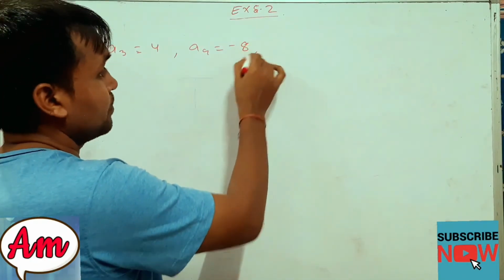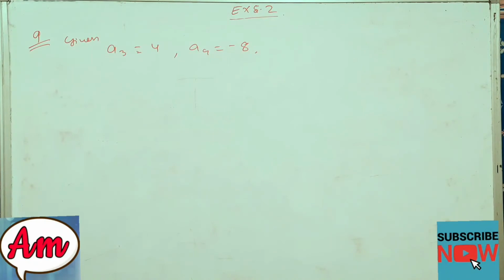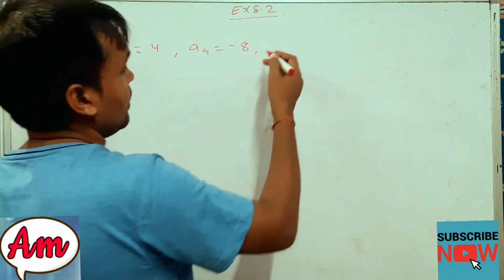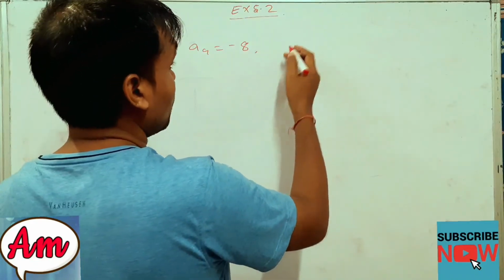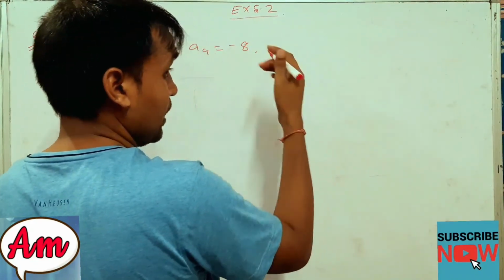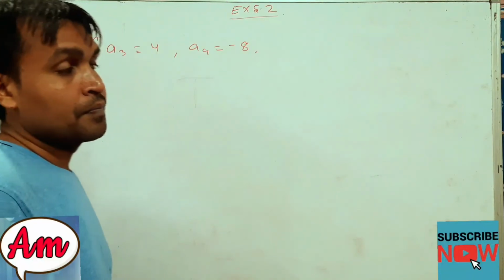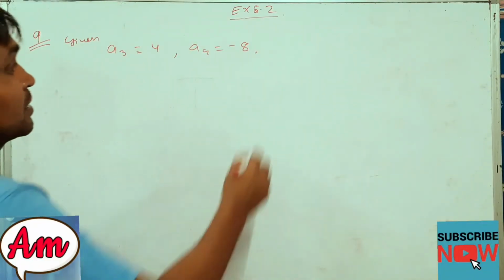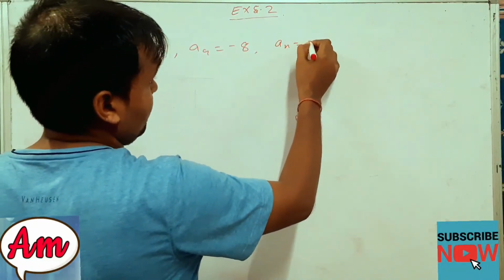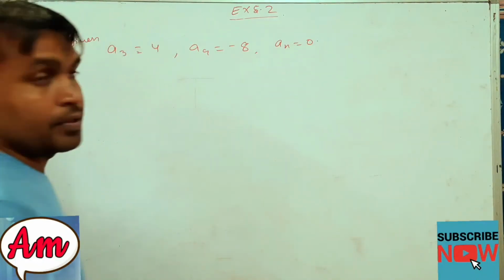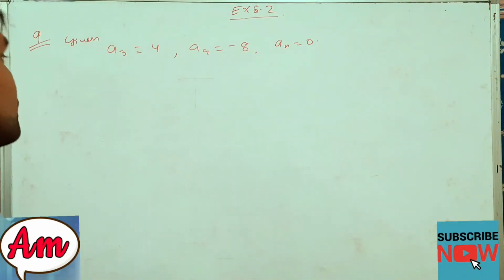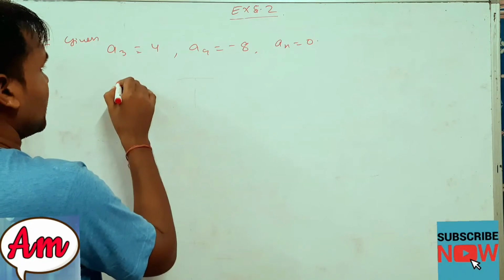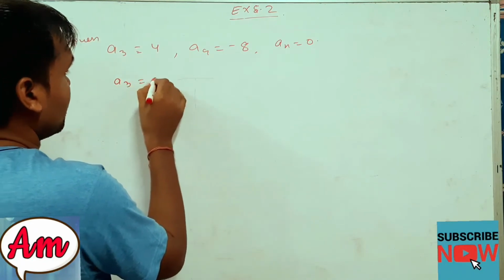They are asking us to find which term of the AP is 0. So they have given us an equals 0, and that is what we have to find. First of all, a3 equals 4 is given.